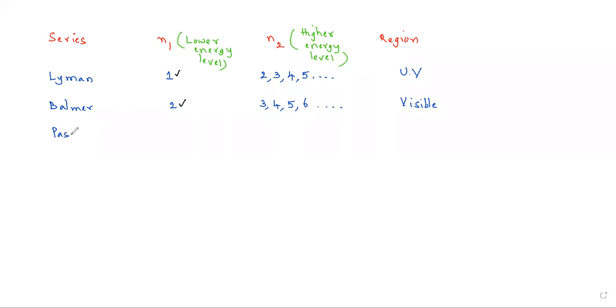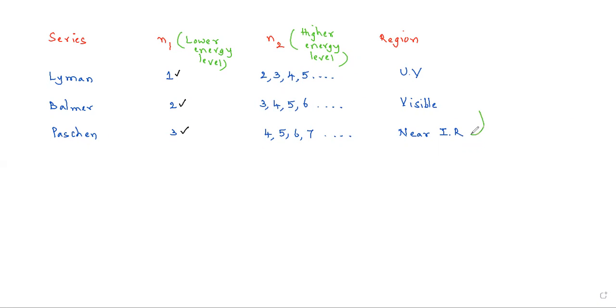Then there is the Paschen series, for which the lower energy level is 3 and higher energy levels are greater than 3. That means from any higher energy level, when electrons get de-excited to the third orbit, the spectral lines are found in the Paschen series, which is found in the near IR region, near infrared region.